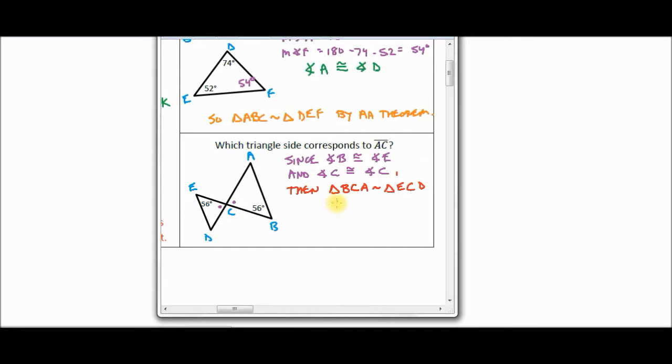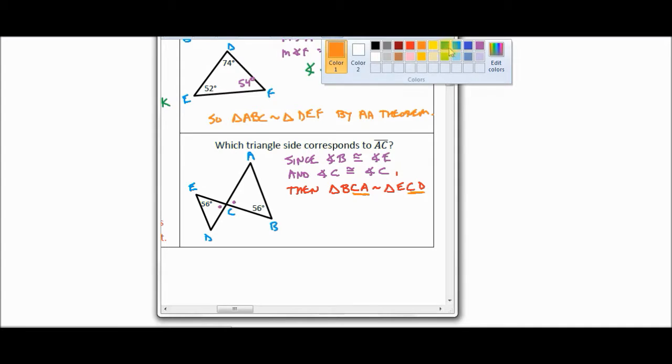Now once you write your similarity statement, watch how this question answers itself. We're looking for the side that corresponds to AC. Well, there's AC right there. It's in the second and third position. That means it corresponds to this side, CD.